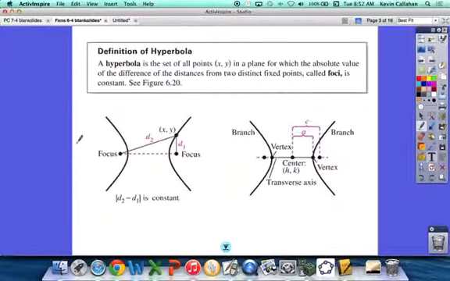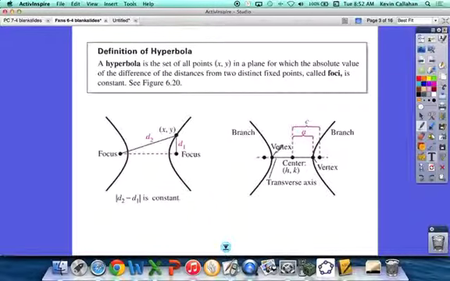Now, the two fixed points are still called foci. One focus, two foci. You can look at each one of those branches, and it kind of looks like a parabola. It's not a parabola. If you overlaid a parabola on that, they would not line up completely, but they kind of look like parabolas. Each branch has a vertex exactly where you would think it would be.